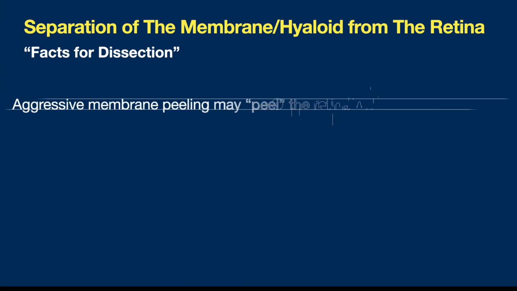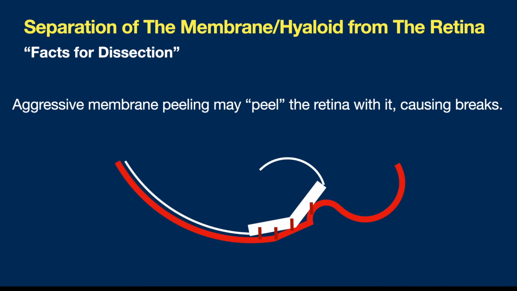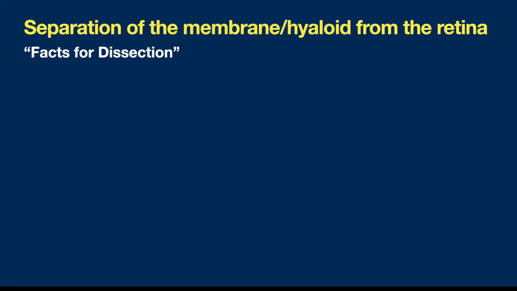So aggressive peeling may peel the retina due to the firm attachment between the traction and the retina and may cause retinal breaks, and this will compromise the result of the surgery. So we shouldn't aggressively peel the membrane from the retina, because if we peel here, this is the point of traction, and the retina is ischemic and atrophic, it may break.